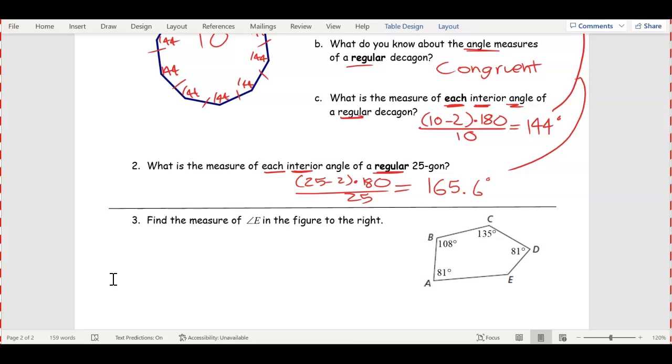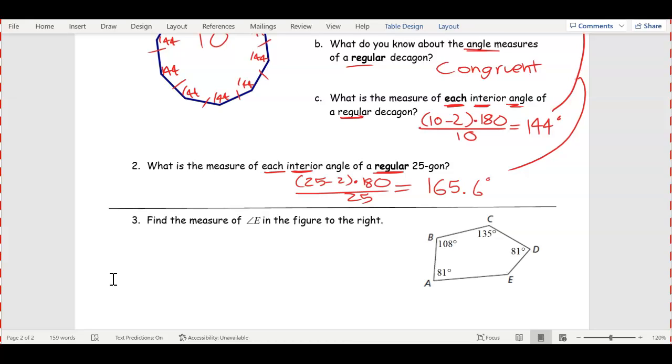Any idea? 5 minus 2? Oh, you're using that formula. Okay, to find what? 5 minus 2 times 180. What does that give you? The whole thing. Good, the whole thing. So everybody, you can't find the missing one unless you know all the others.